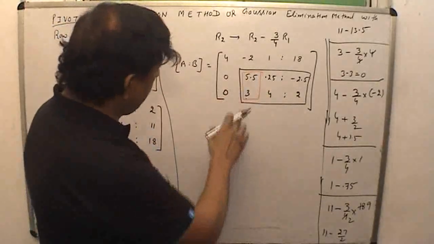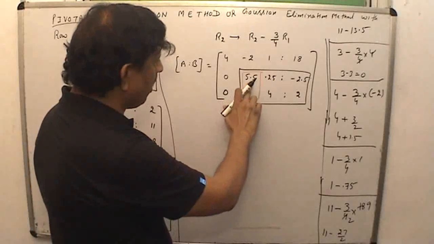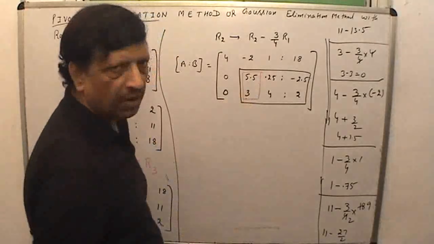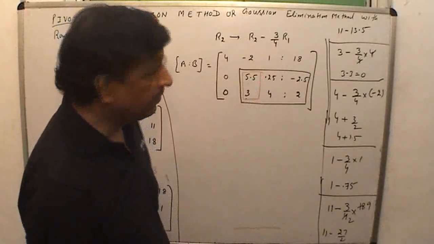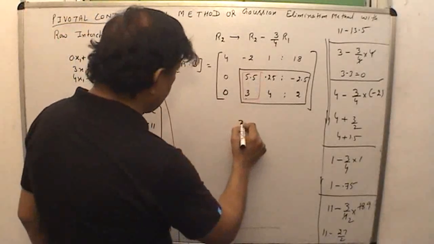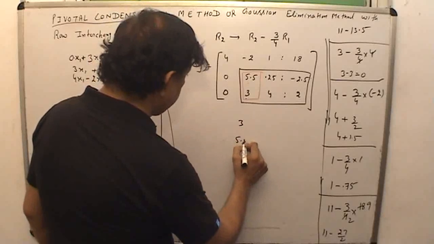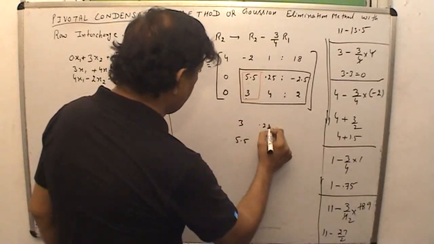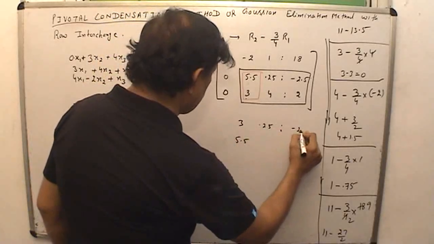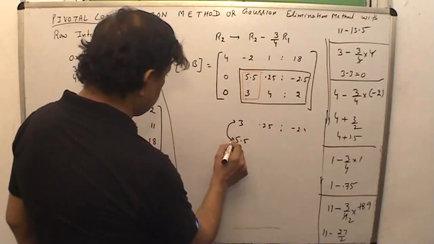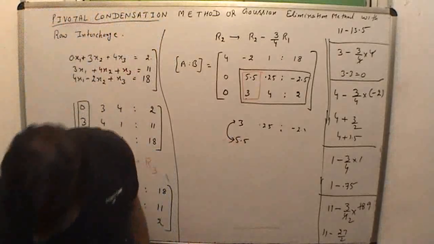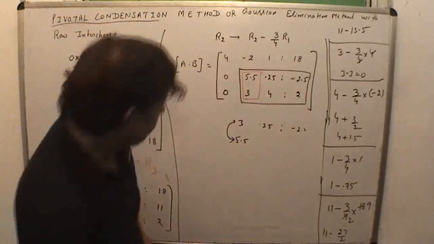Here 5.5 is already at R2 and 3 is at R3, so there is no need to interchange the rows. If it would have been like this, 3, 5.5, 0.25, minus 2.5, then we would have changed 5.5 to this and this to this. It is the pivotal condensation.